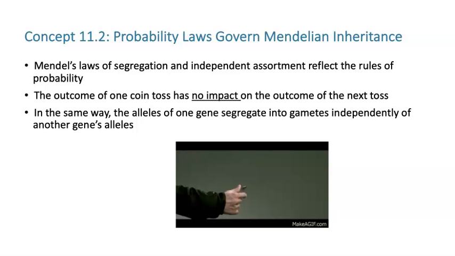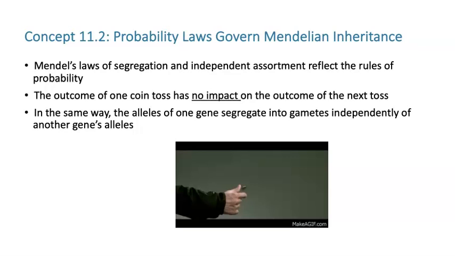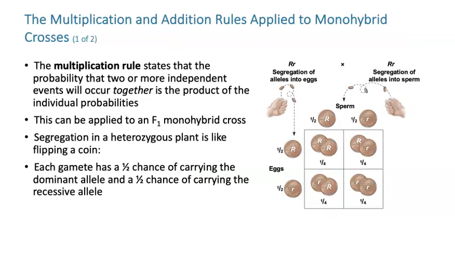And the way I want you to think about this is if you were tossing a coin. You flip it once and you flip it again. The outcome of the first flip has no impact on the outcome of the second flip. No influence at all. So that's the same way that genes on different chromosomes don't affect each other. They don't impact each other as long as they're on separate chromosomes.